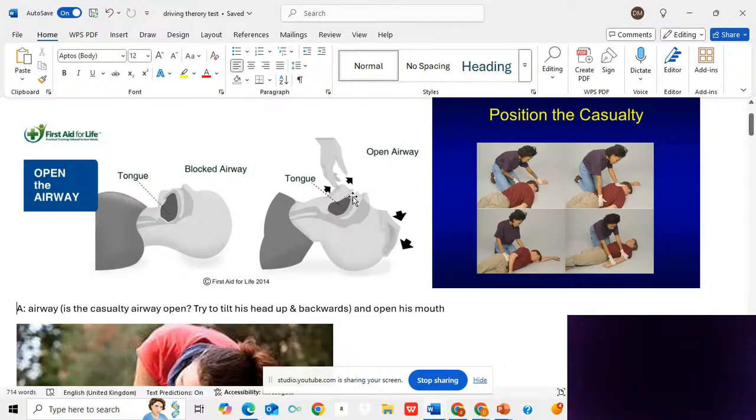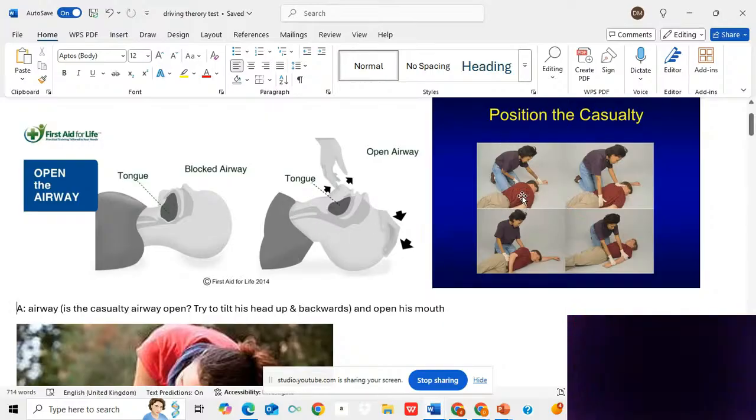So you can open the airway here. This way you can open a way here in his mouth to go through his trachea and to the respiratory system. Here his tongue, or he may have a blocked airway here, so you try to open a way.